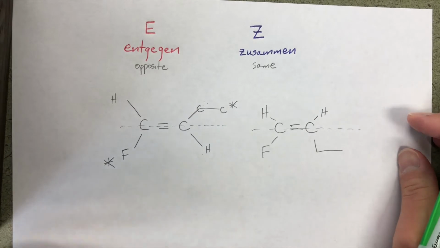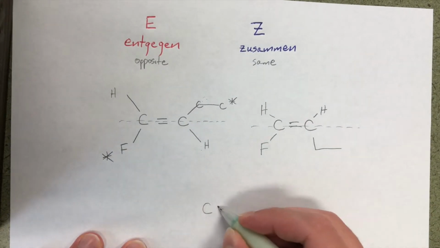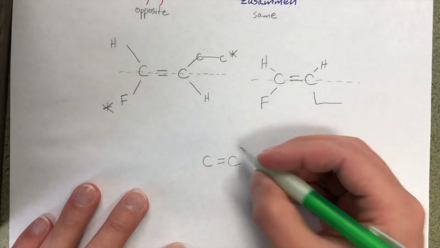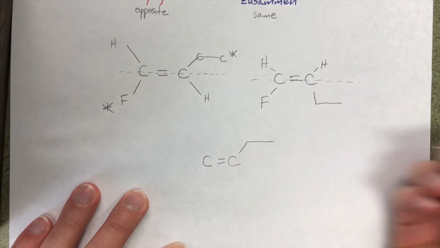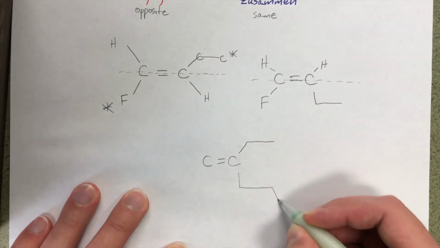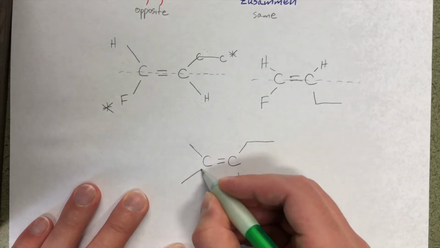Here's a little bit more complicated example. If we reproduce one right here, we'll give this an ethyl, we'll make this kind of like a propyl, and then we'll make this a methyl, and we'll make this a methyl.